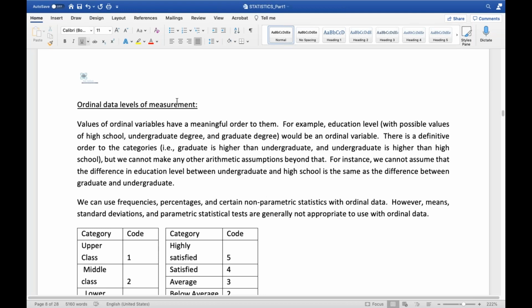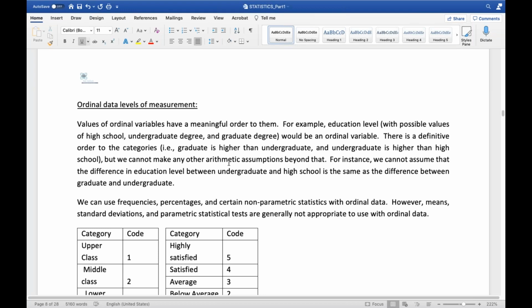So you can see, education levels would be ordinal things. There is a definitive order to the categories, like graduate is higher than undergraduate and undergraduate is higher than school level, right? But we cannot make any kind of arithmetic operation. We cannot add graduate and undergrad.